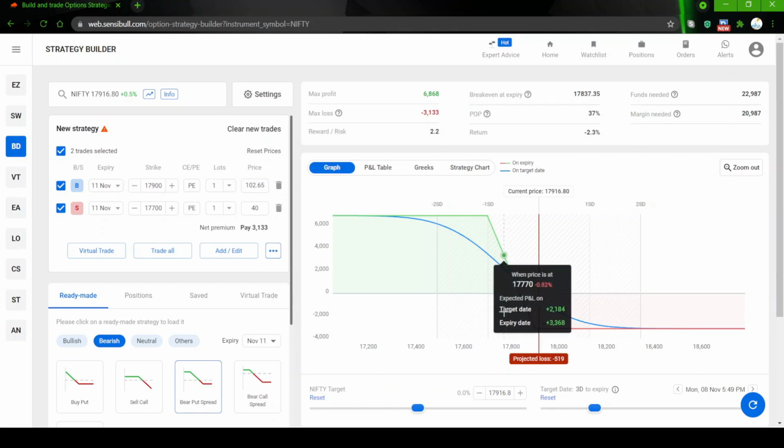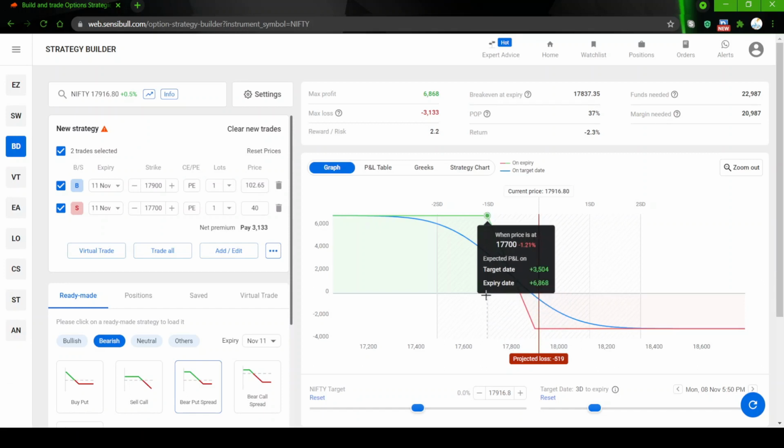Coming back, if the market goes to 17,700 at expiry, that is the place where we will reach our maximum profit. The market can go down further, but our profit is capped at 6,868 only. If that happens tomorrow, what will be our profit? If the market goes to 17,580 or 17,600, our profit will be about 5,300.